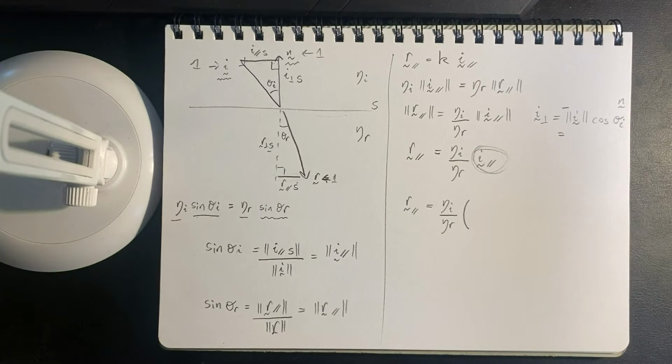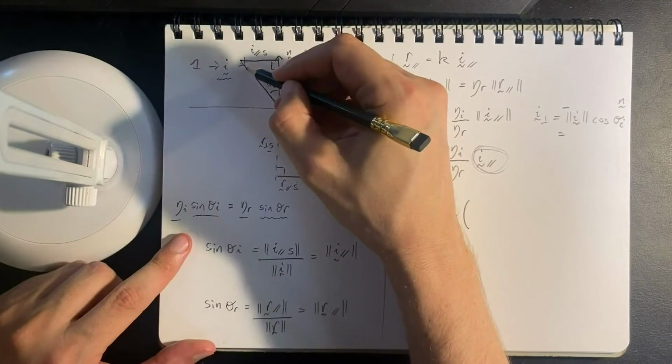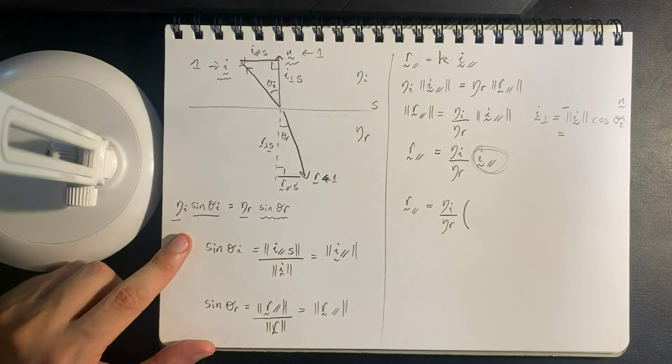I'm sorry, this is a little messy, but let me try to explain my reasoning. What I'm saying is, yes, I is coming in this way, but imagine I was coming out the other way. That's negative I, that's why I'm putting that negative multiplier out the front.